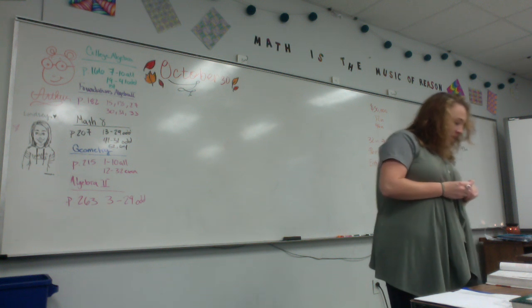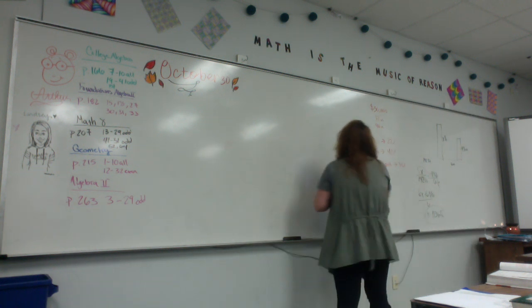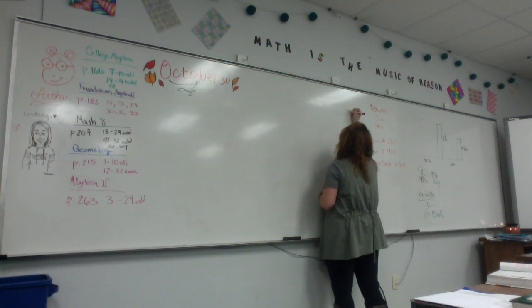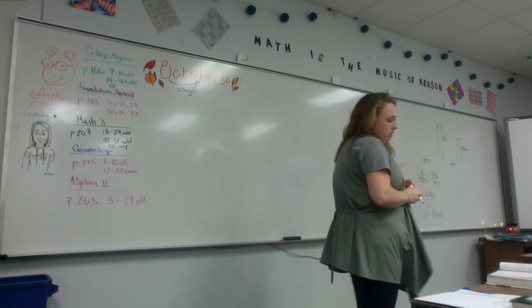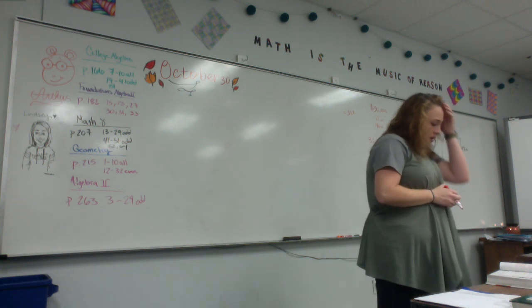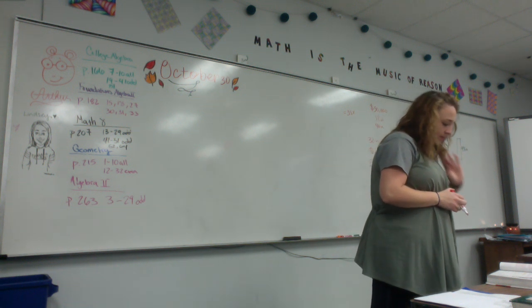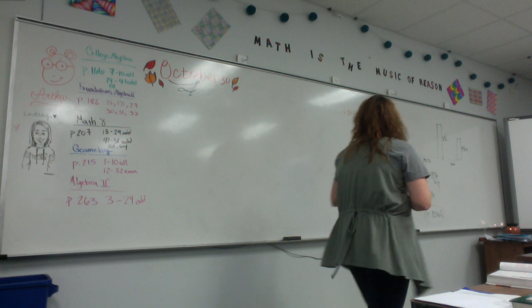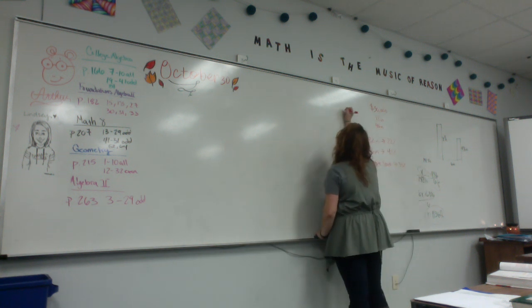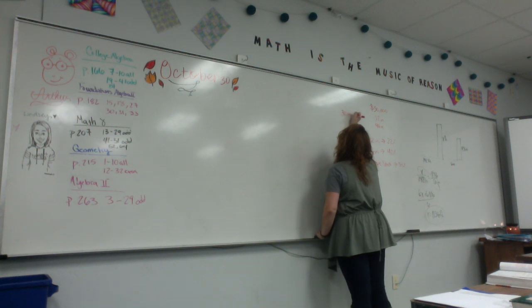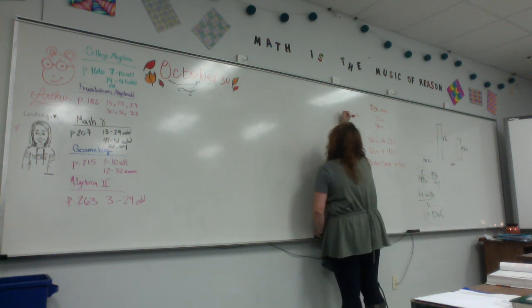So you have to take the total profit. The total profit is 35%. We know that there is $30,000 in inventory.